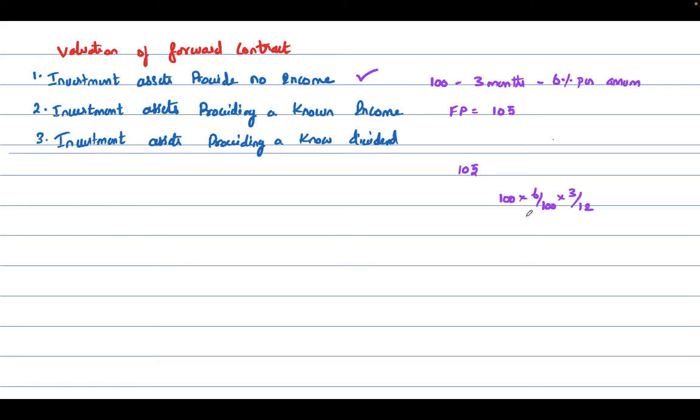So 6 divided by 12 is 0.5. 100 plus 100 into 0.06 into 3 divided by 12, which is 0.25.